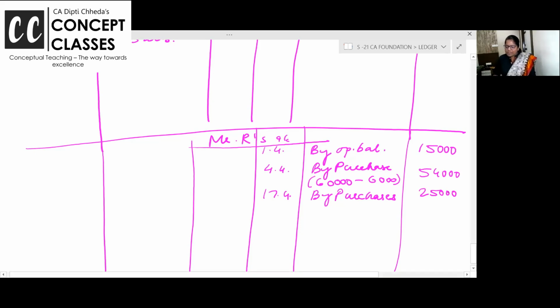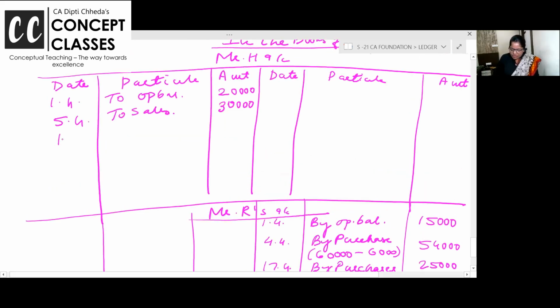And we have sold the same goods to H. On 17th of April, we have sold the same goods to H with a profit of 15,000. We purchased the goods at 25, we added 15, and at 40,000 we have sold the goods to H. Party to sales.